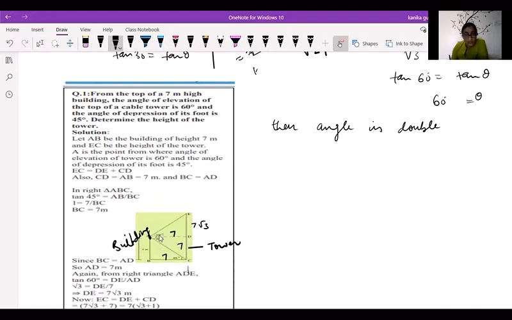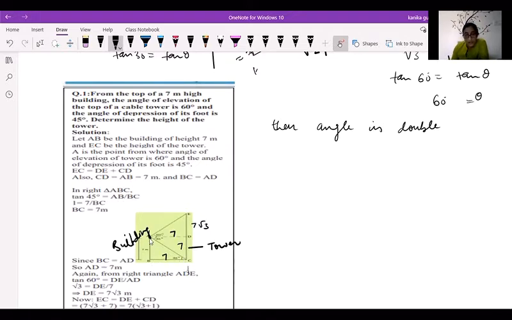Now, the angle of elevation from point A is 60 degrees and the angle of depression is 45 degrees. This angle is 45 degrees, so this angle is also 45 degrees, because they are alternate interior angles. Now take the right angle triangle ABC.